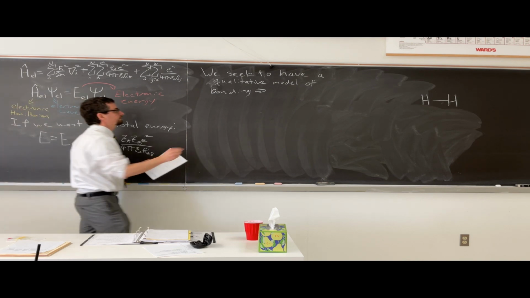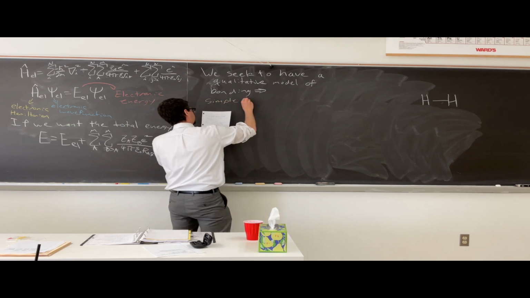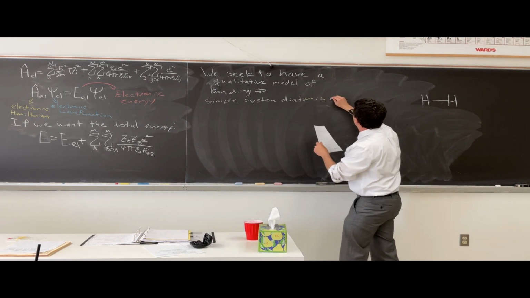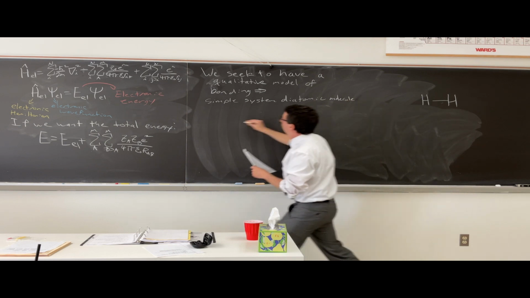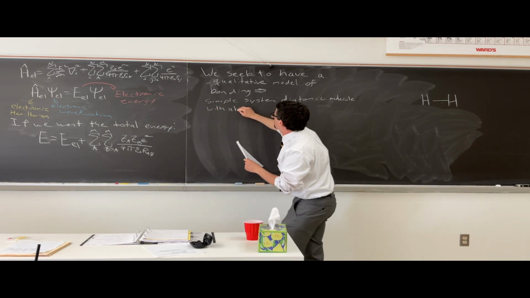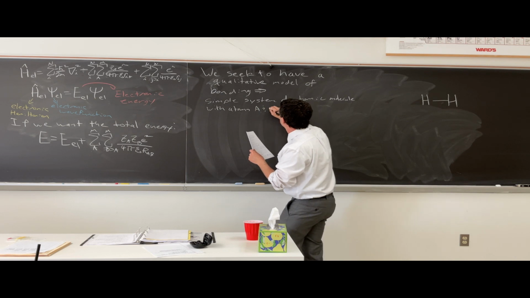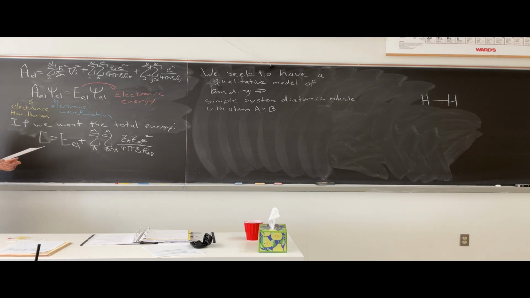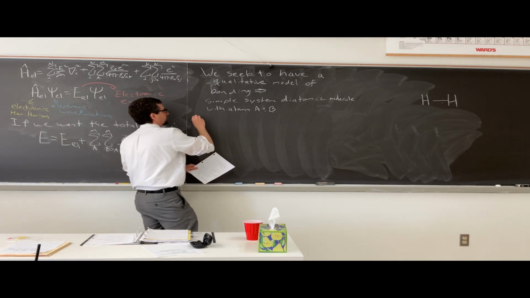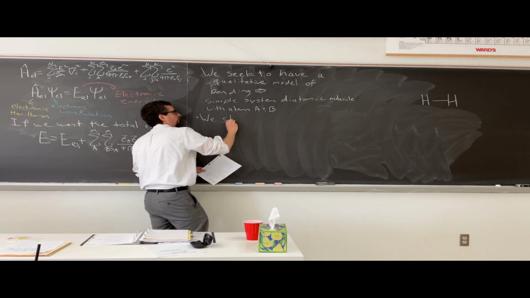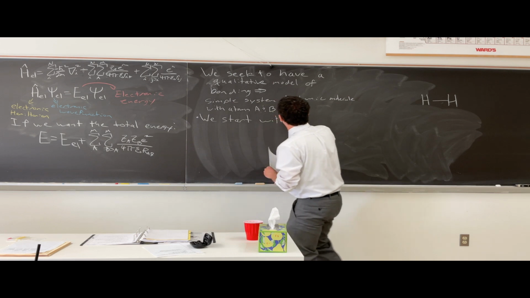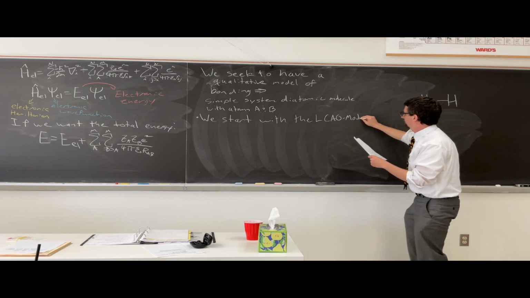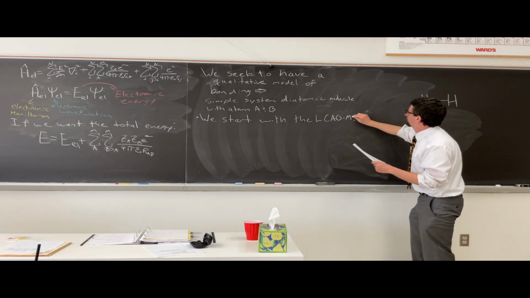Okay, to do that, we're going to look at a simple system. That's a diatomic molecule with atoms A and B. We start with the LCAO model.